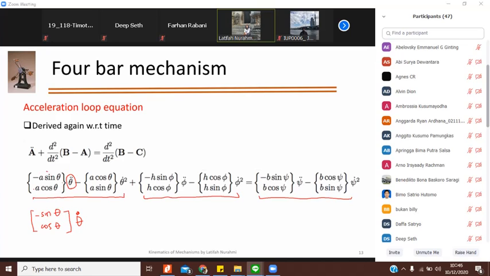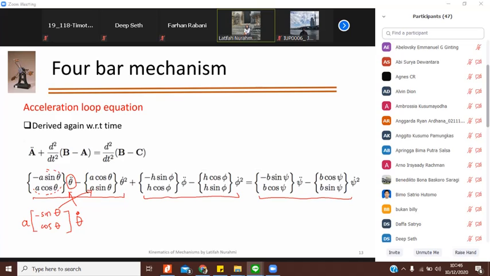A sine theta. Sorry, here we have A. You can put it in the front, which is fine. A sine theta, A cos theta. And then here you derive this. If you derive the inside of the bracket, you get this.